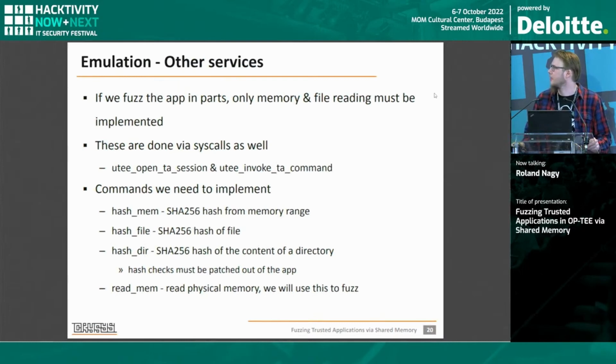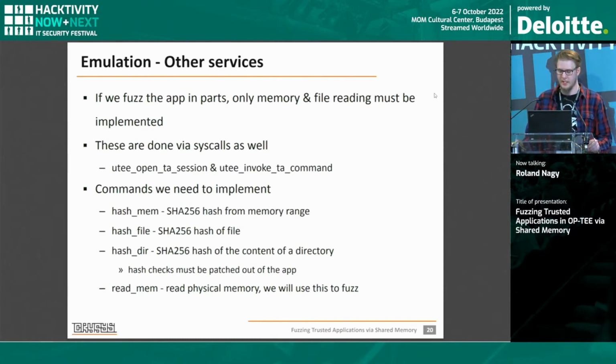Then I said we have services used by our application. Well, if we are not running the whole application, but execute it in parts, then we only need to implement 2 of the 4 services. And calling these services is done by system calls as well.